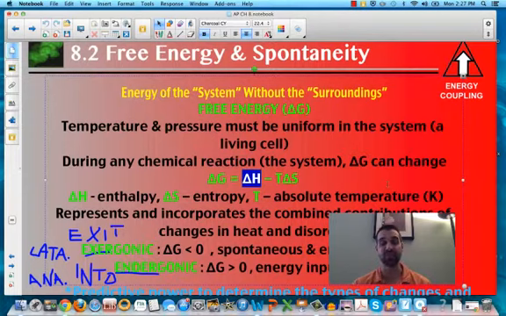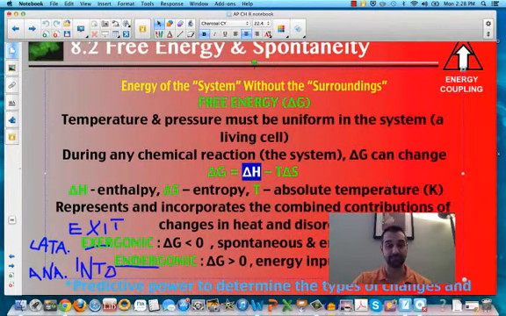It's a breakdown, where the products will have less free energy than the reactants. So our delta G will be negative and has released energy, and we consider that spontaneous. In an endergonic reaction, there requires an input of energy, where our delta H value will be high. An endergonic reaction is an anabolic process to build things up, where energy input will be needed.